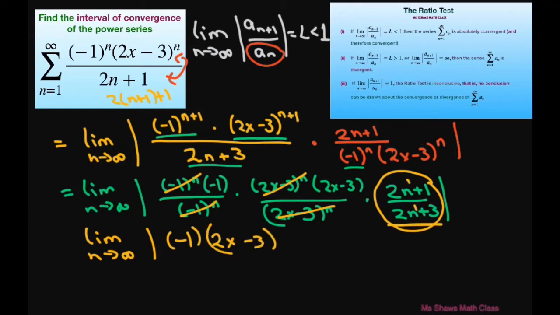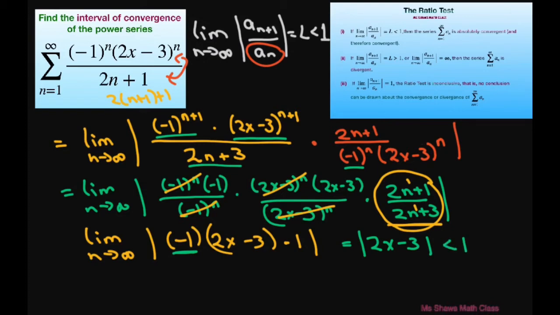So the same degree here, so this is just times 1. Now the absolute value of negative 1 is just 1. So basically our limit equals the absolute value of 2x minus 3, and we're forcing this to be less than 1.